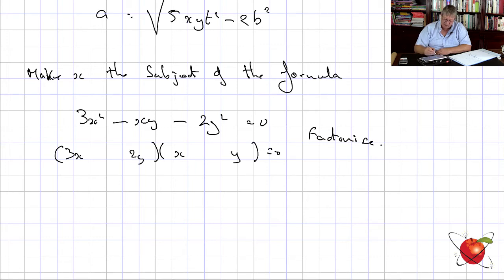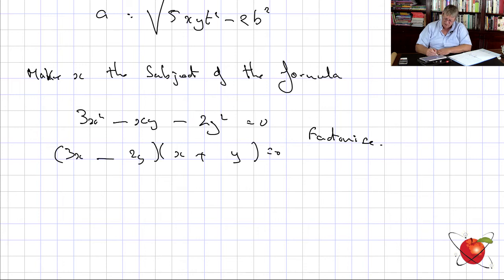I've got to go through the whole process, plus, minus, minus, plus. A minus and a plus: 3x squared minus 2xy plus xy minus 2y squared.